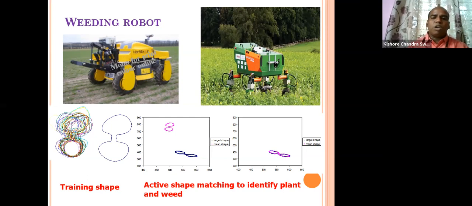Particularly for row crops, we can easily develop a system where we only spray on the weed leaves, or use some mechanical system to uproot the weeds and leave the plants without disturbing them. On that basis, we can use this automated weeding system.